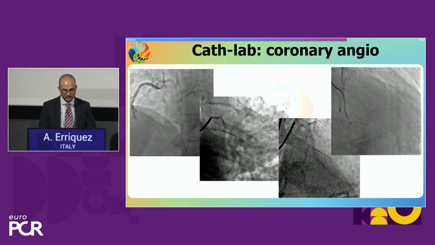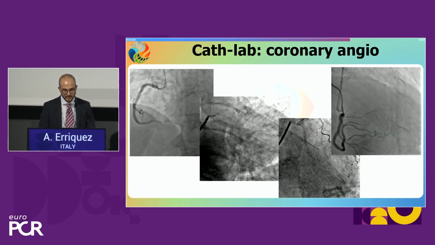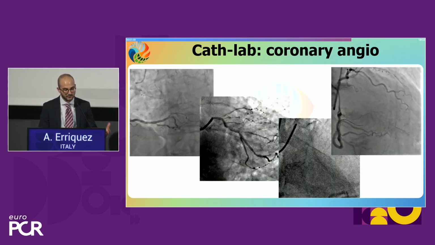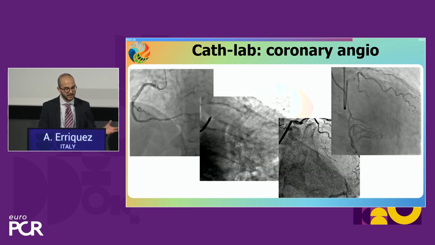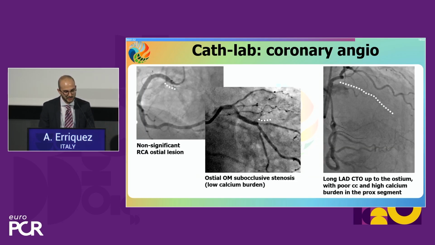After that, the patient was referred to our cath lab to perform the coronary angio, which basically confirmed the anatomy evidenced with the CT. So basically a non-significant lesion on the RCA ostium, a short subocclusion of the obtuse marginal, and in particular a long CTO of the LAD starting from the ostium up to the distal part of the vessel.